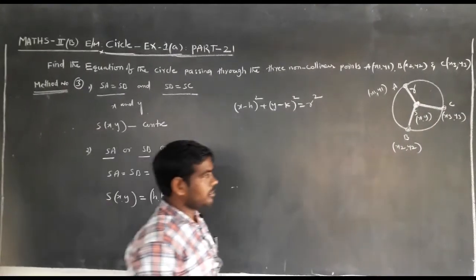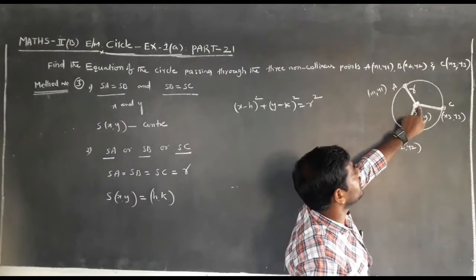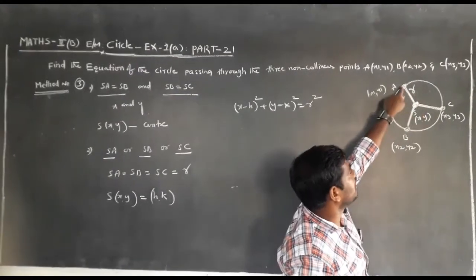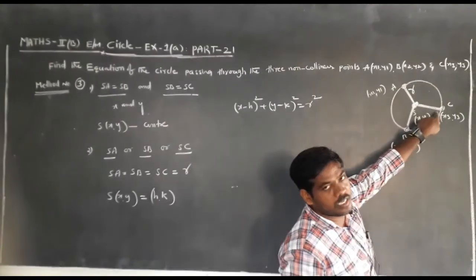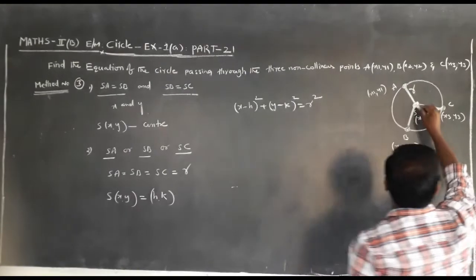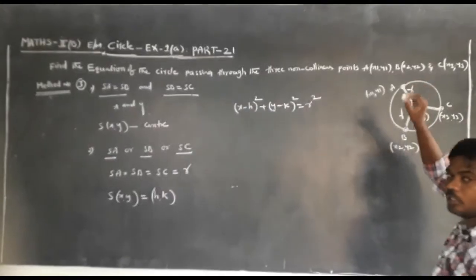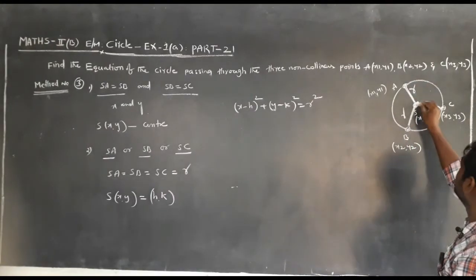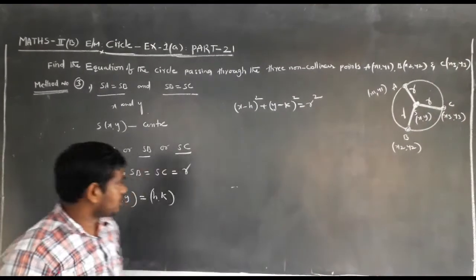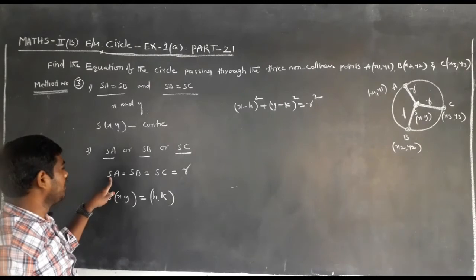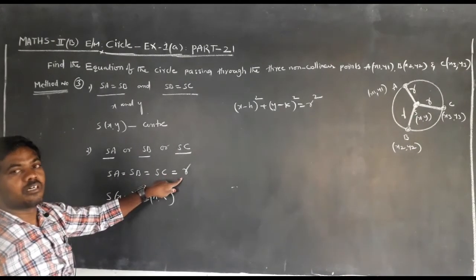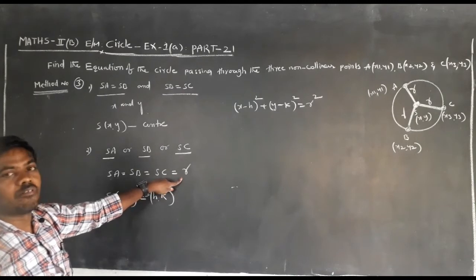Again we find the distance from the center to any point on the circle: SA, SB or SC. SA is the radius of the circle, SB is also the radius, and SC is also the radius. The distance from the center to any point is the radius of the required circle.